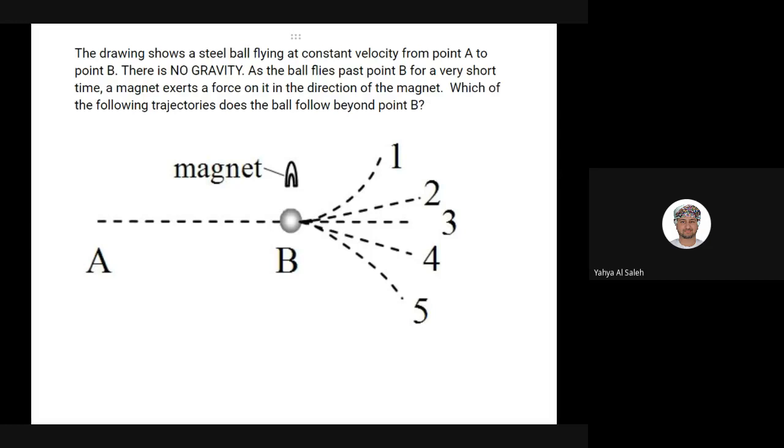Second, we said steel ball, and there is a magnet here, so the force is going to be up. The magnet will pull the steel ball, right? So options 5, 4, and 3 are already out of the question because it will be pulled up. Now the only question is 1 or 2.